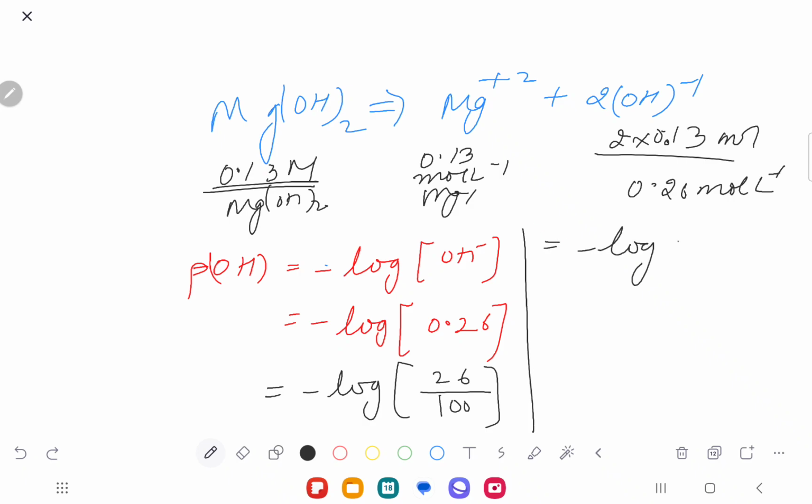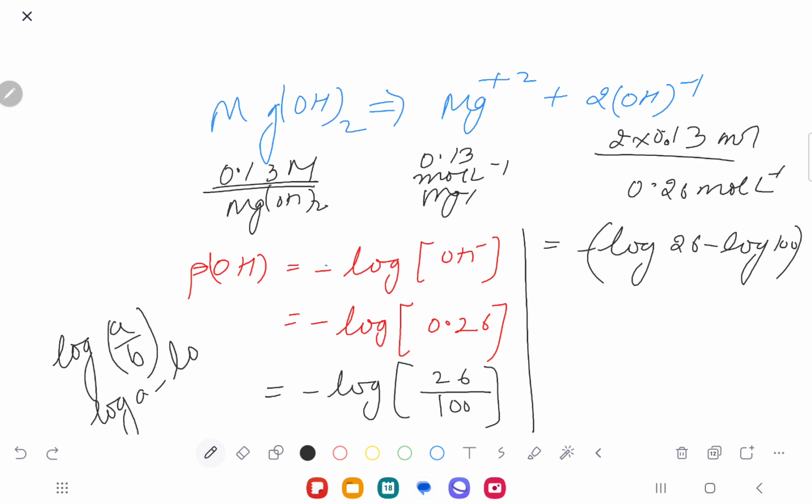Minus log of 26 minus log of 100, because I am applying the basic properties. What is log A over B? Log A minus log B, isn't it? So let's bring the minus inside. It is going to become minus log 26 plus log 100.